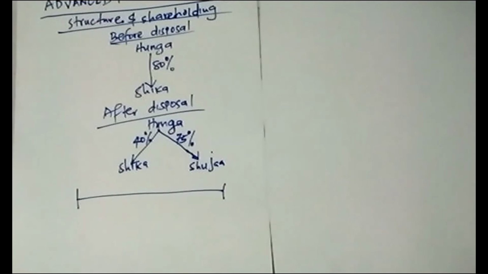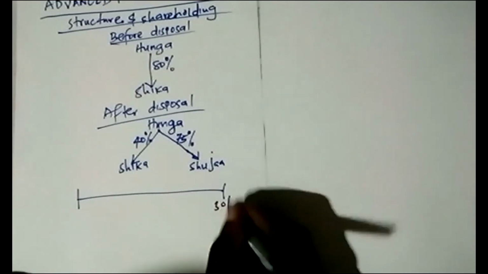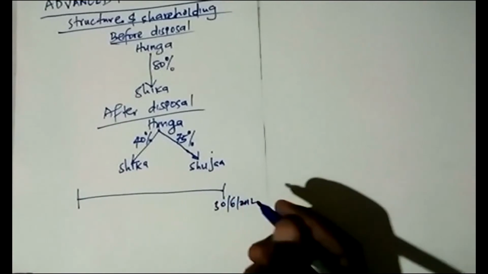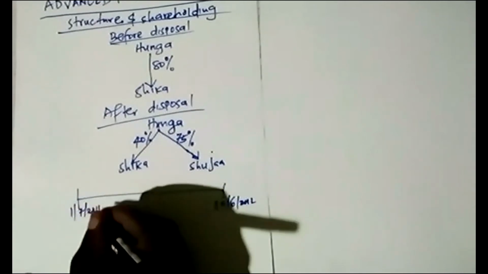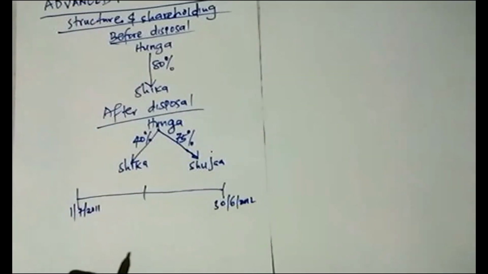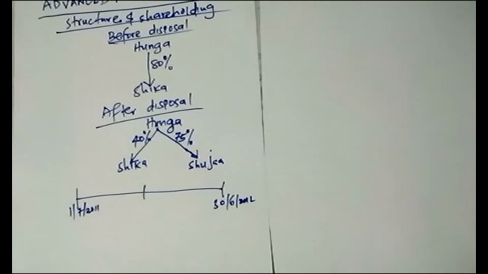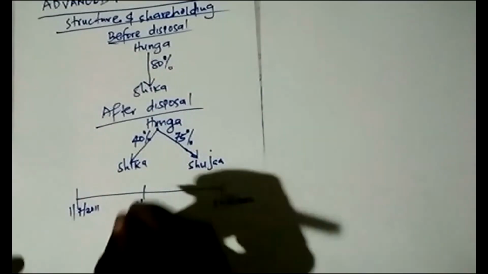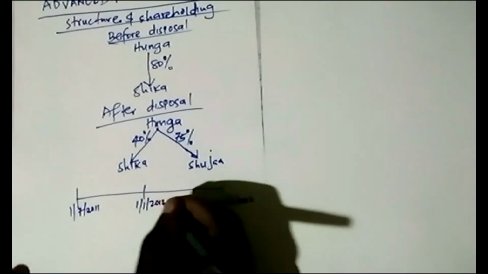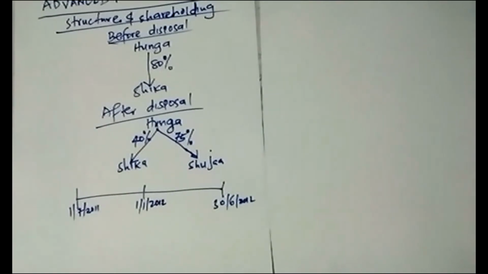Then after that, you talk about the timing. According to the question, our financial year ends on 30th June 2012, so it starts on 1st July 2011. The disposal of Shika, as told in the question, occurred on 1st January 2012, and this is the same time they acquired Shuja.